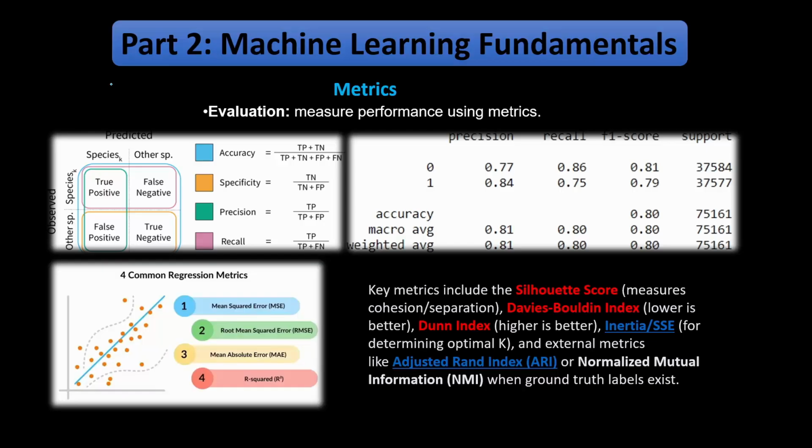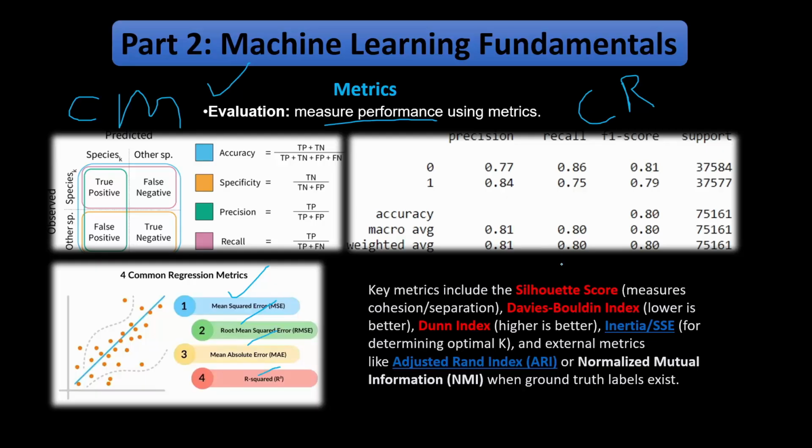Now, this is a very interesting and very important part in machine learning, which is called evaluation, where you measure performance using different types of metrics, but you need to understand these metrics. Here we have different metrics such as confusion matrix, classification report, and some regression metrics such as mean squared error, root mean squared error, mean absolute error, R squared.